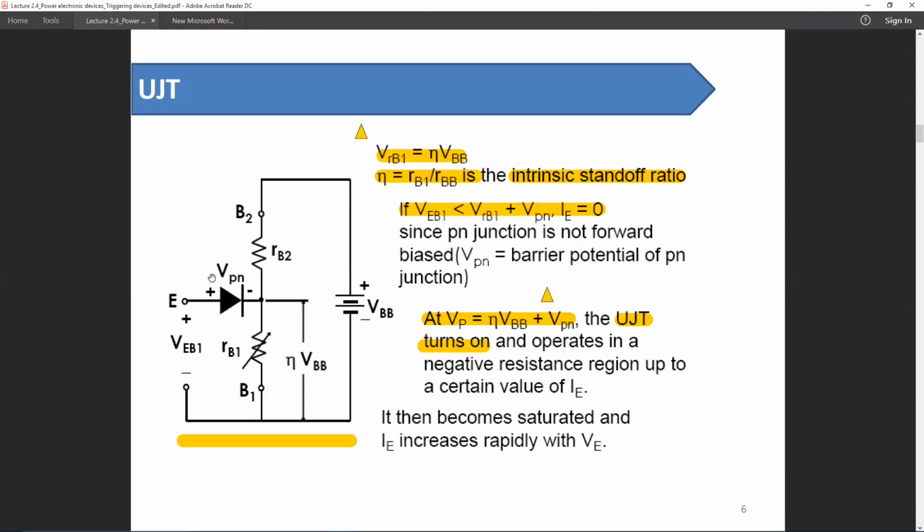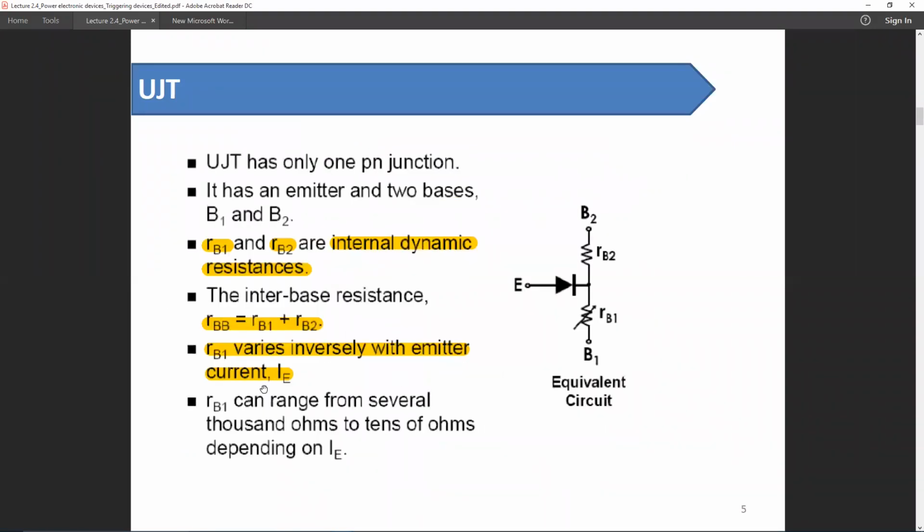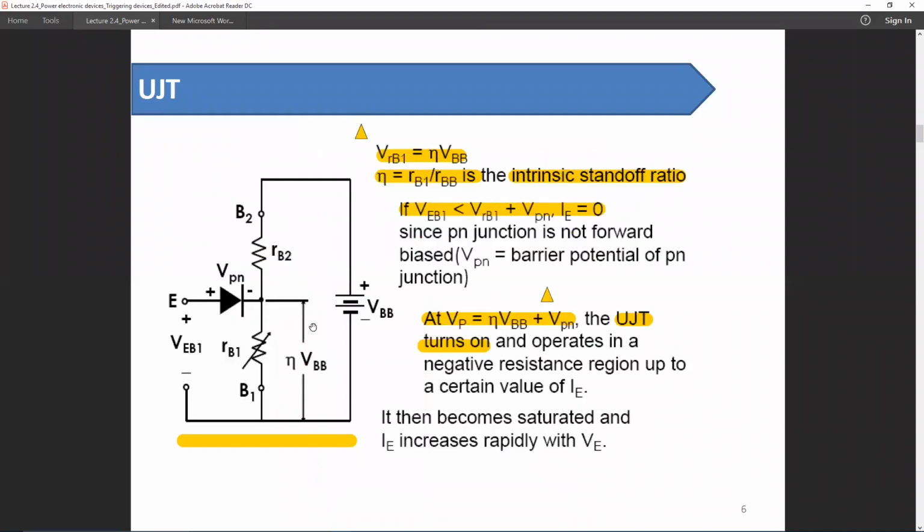So if the device starts to turn on, the current will start flowing through this resistance, and as the current increases, the resistance decreases. So more current will start to flow, and as this is a positive feedback loop, the current will rise very fast.